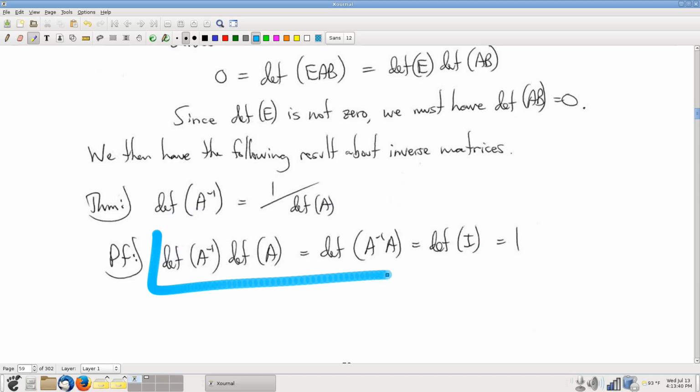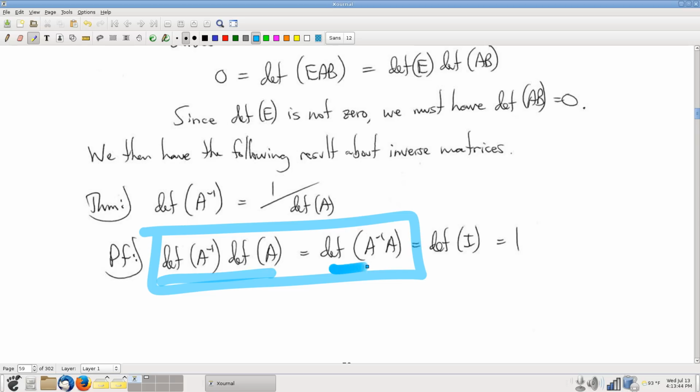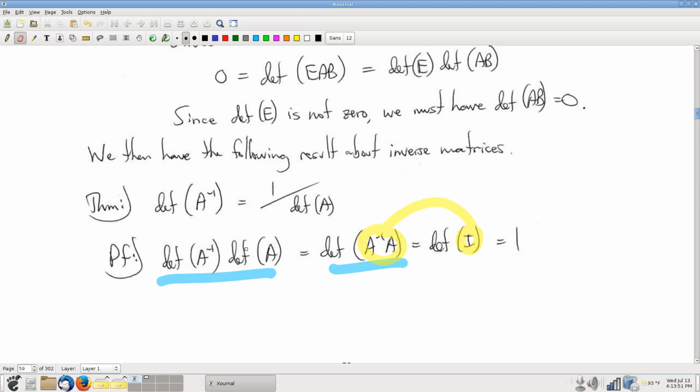Well, by the multiplicativity property above, this product of determinants is the determinant of that product. And then, of course, a matrix times its inverse is the identity. And the determinant of the identity is 1. So, convenient fact to keep in mind, inverting a matrix gives you a reciprocal determinant.